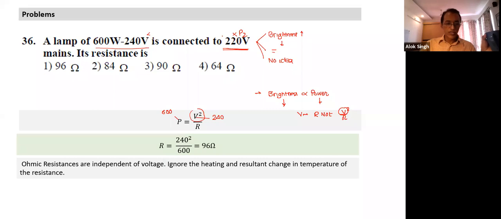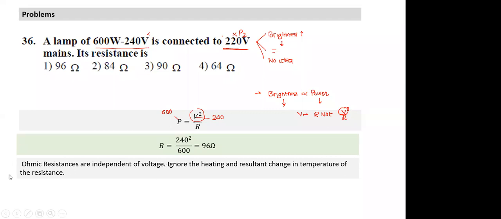So ohmic resistance is independent of voltage. We are ignoring the heating and resultant change in temperature of the resistance. That's the point we have to keep in mind. Have you understood this point? What does the second sentence imply here?